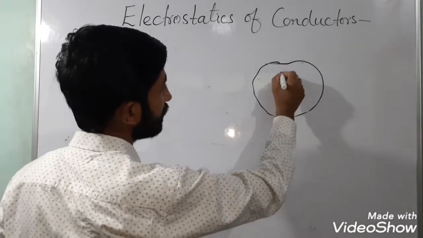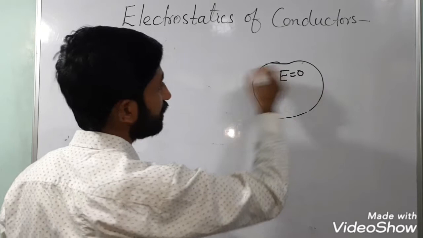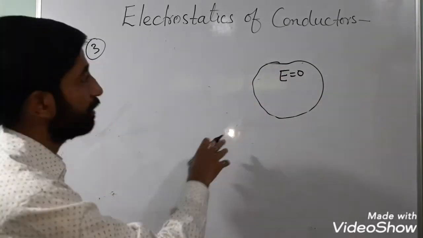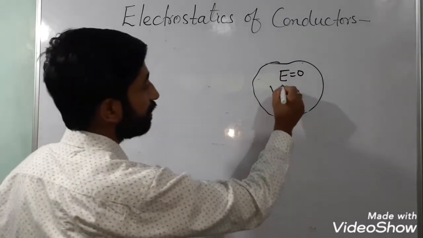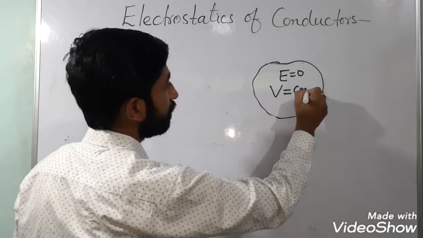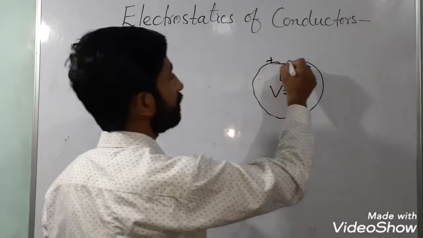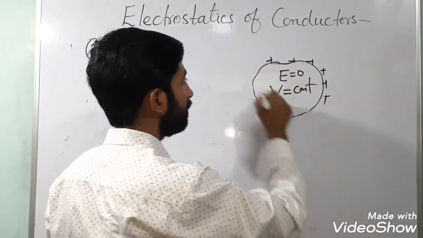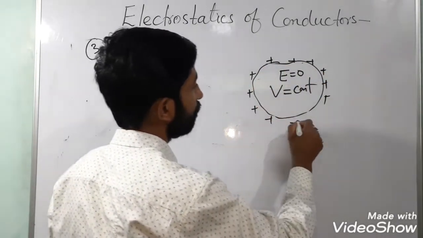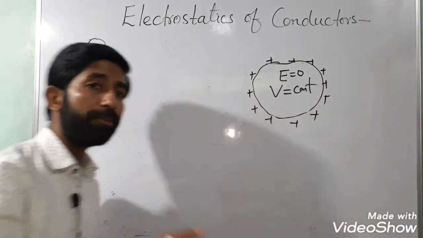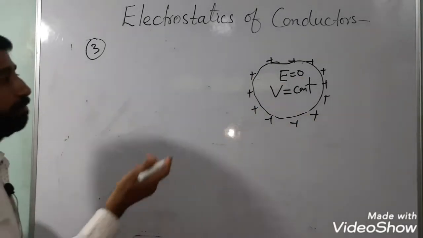We have seen from the first property that the net electric field is 0. So it says that the potential is constant inside the conductor. Maybe it is charged, or it is placed in an external electric field, whatever. If it is charged, then also, and if it is not, then also.